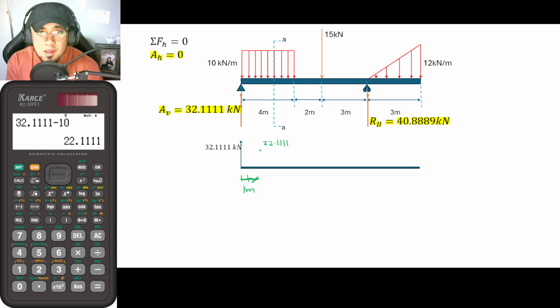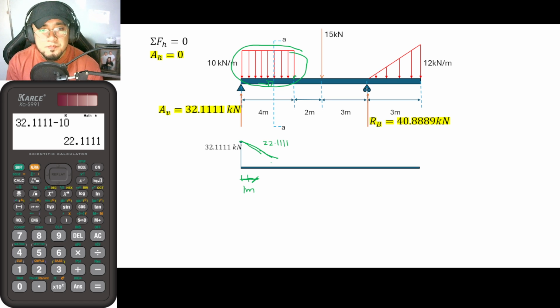So if you would be moving further, it would now reduce up until this particular point. So since this is a rectangular section, the shear here would now vary linearly. So it's just a straight line, diagonal lang. Okay? So again, it would now vary.